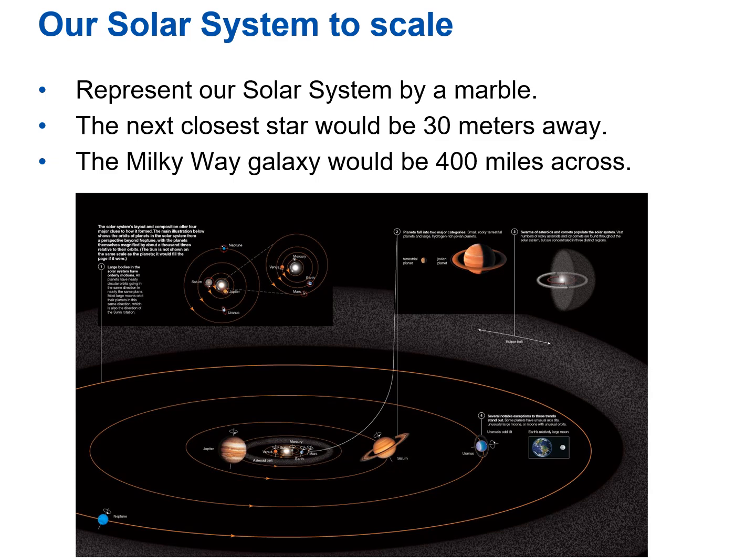And on this scale, if you represent our solar system with a marble, and the next closest star would be 30 meters away, you've got the entire Milky Way galaxy, which has about 100 billion stars in it. And we would have to represent the Milky Way galaxy by being a disk that is 400 miles across.